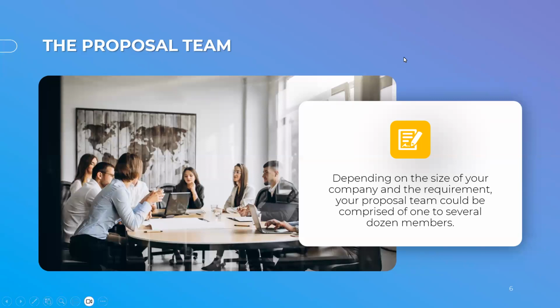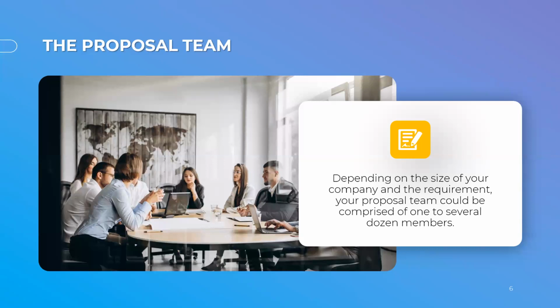All right. The proposal team. Okay. Now, unless you're a one-man band company, and even if you are, at a certain point you have to engage certain subject matter experts, or help with developing that proposal, especially if you're proposing a number of people who will be supporting you on this contract when you win.